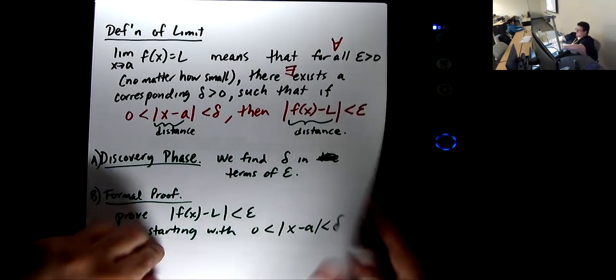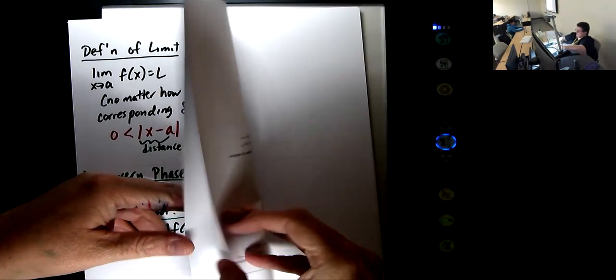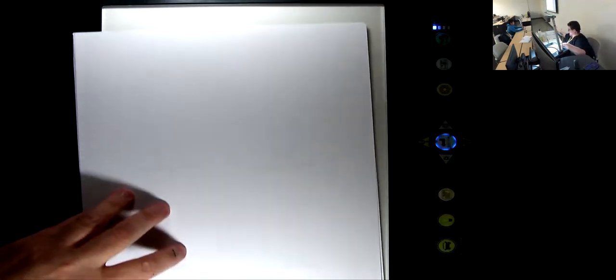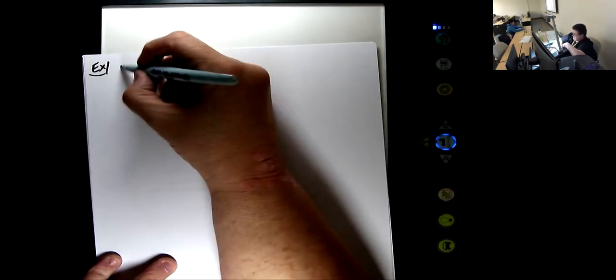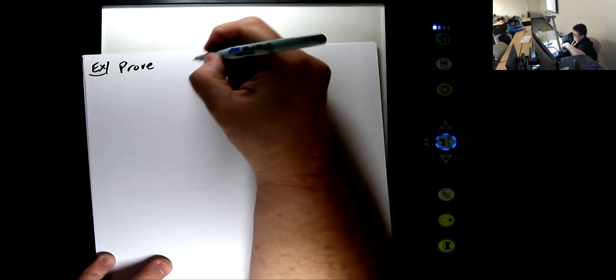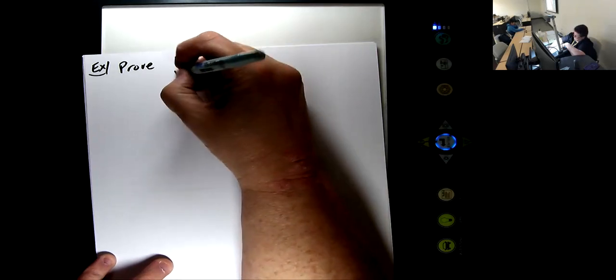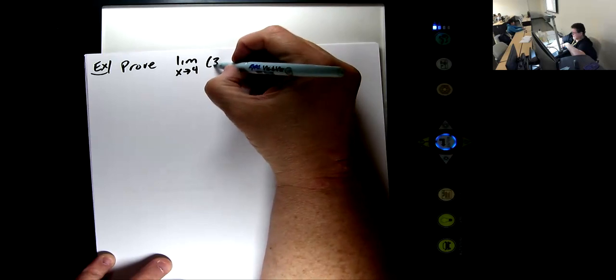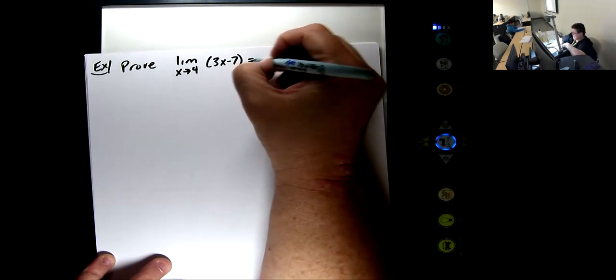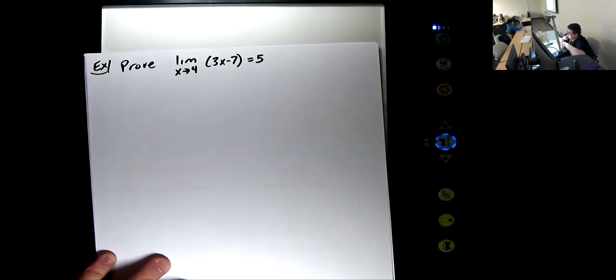Let's do it. We are going to prove that the limit as x approaches 4 of 3x minus 7 equals 5.